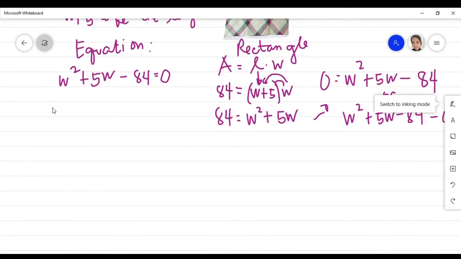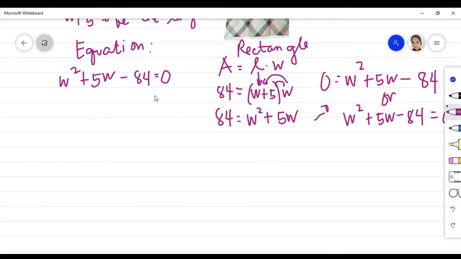So let's find the roots for our quadratic equation. W squared plus 5W minus 84 equals 0 is factorable. So we will solve this using Vedic.